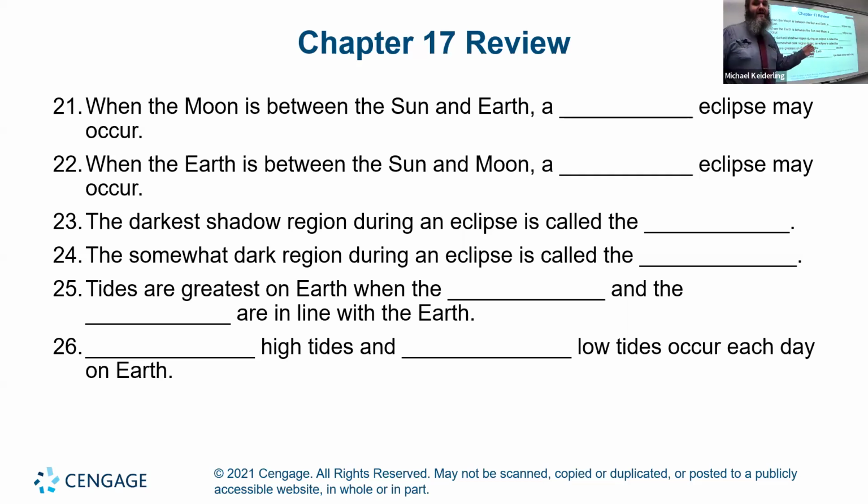And there are 2 high tides and 2 low tides each day on Earth, because there are 2 bulges. One on the side facing the moon, one on the side far from the moon, and the Earth rotates through both of them. So you get 2 highs and 2 lows.